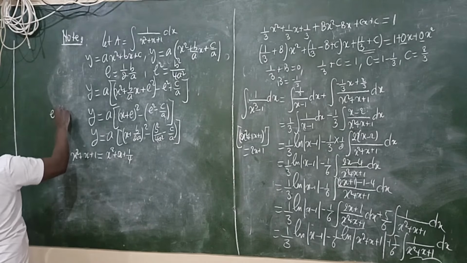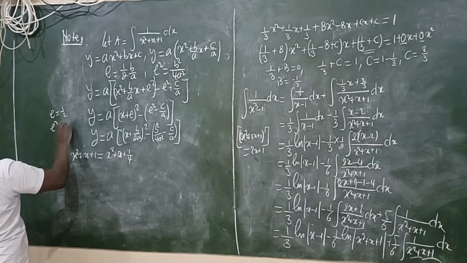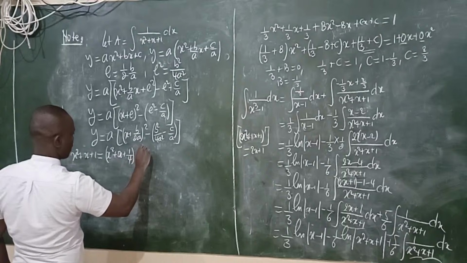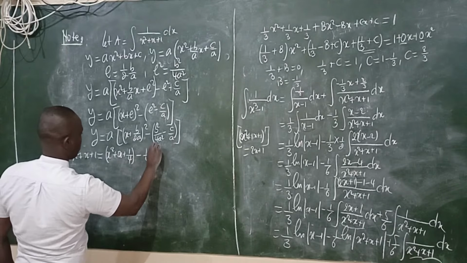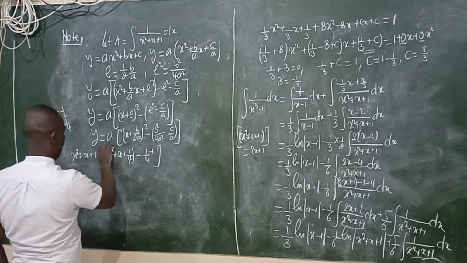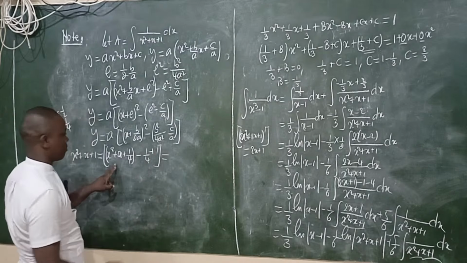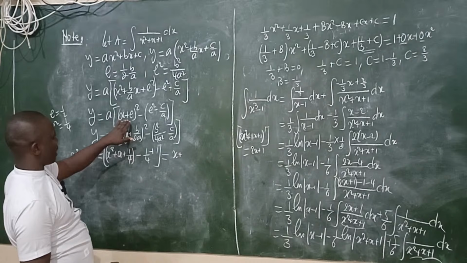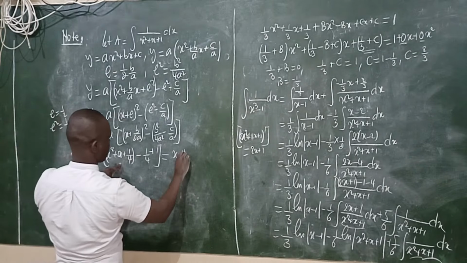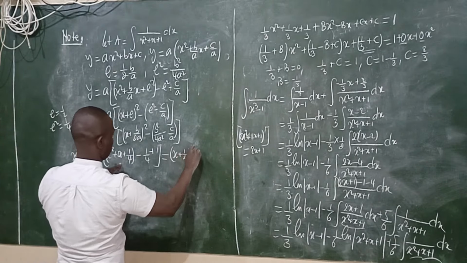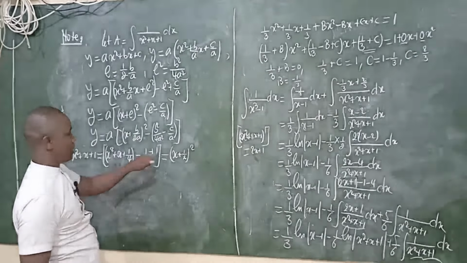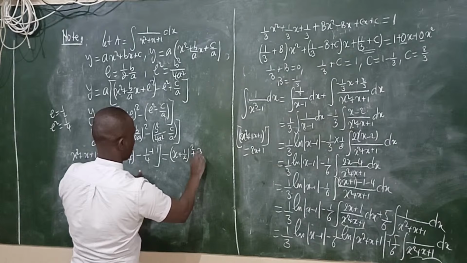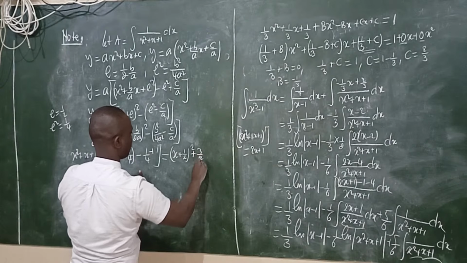Our e is a half, and e squared is a quarter, minus 1 over 4 plus 1. Here, and this is x plus, we end up with x plus e, that is x plus a half squared. This on common denominator can be 3 over 4.